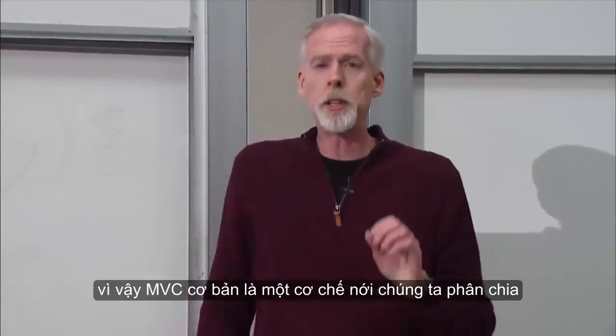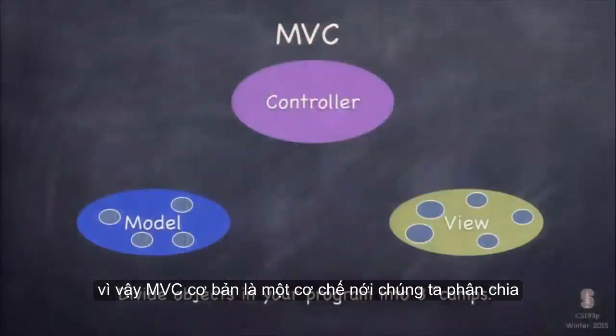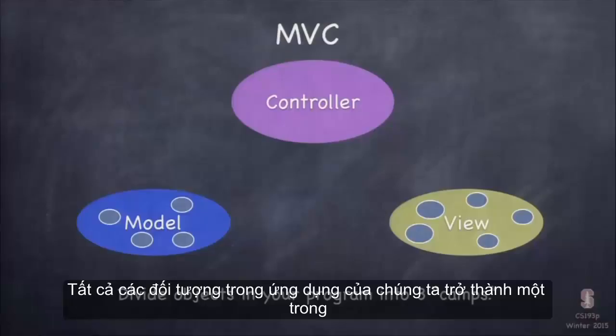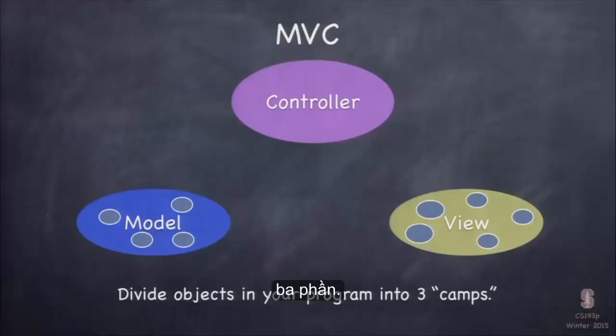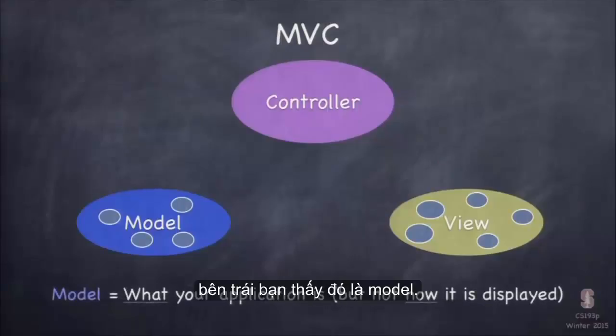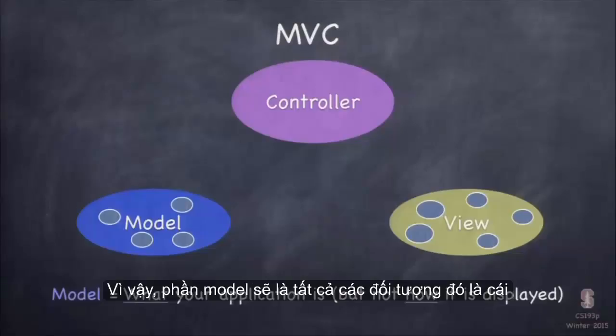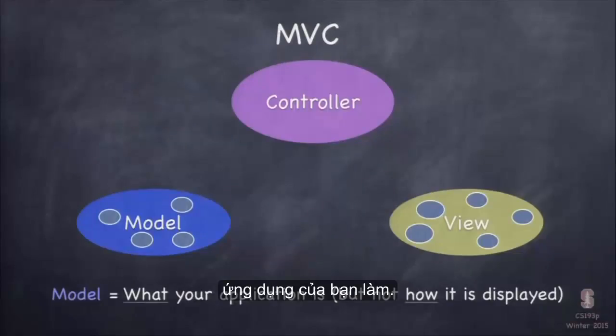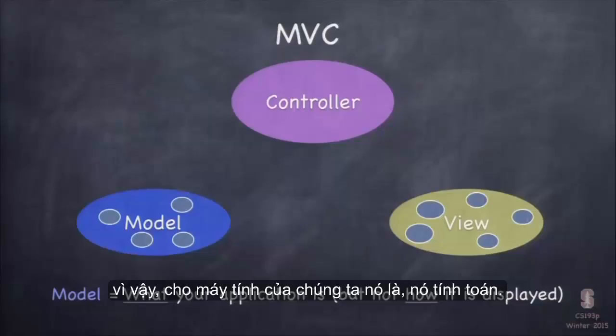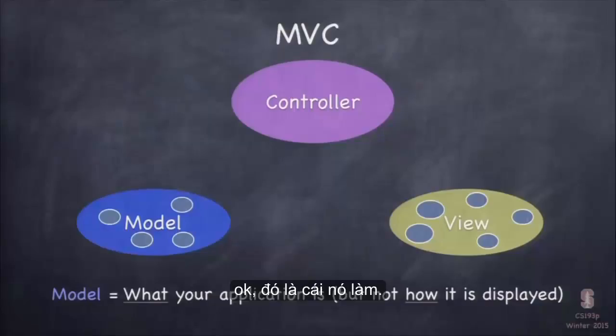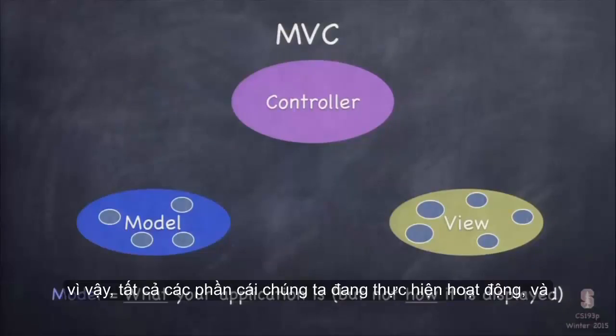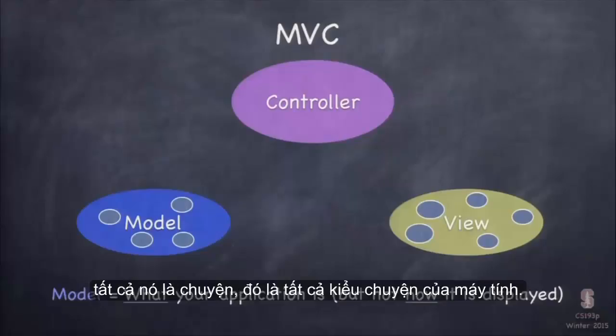So MVC is basically a mechanism where we divide up all the objects in our application into one of these 3 camps. On the left there you see the model. The model camp is all the objects that are what your application does. For our calculator, it calculates. So all the parts where we're doing perform operation and all that stuff, that's all calculator stuff.